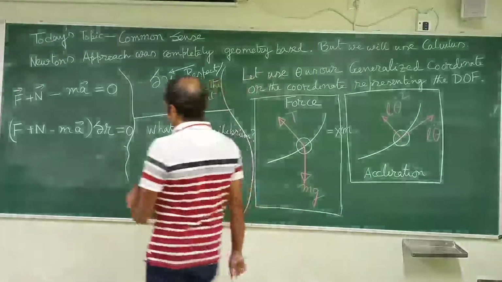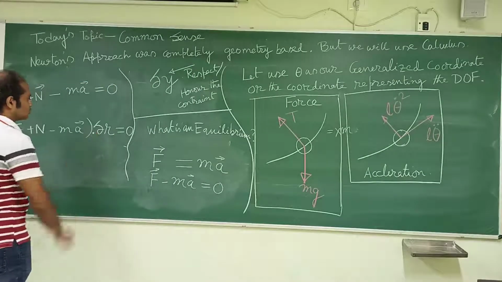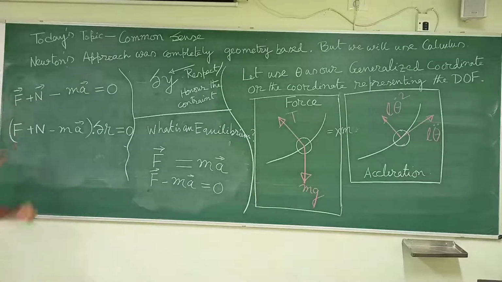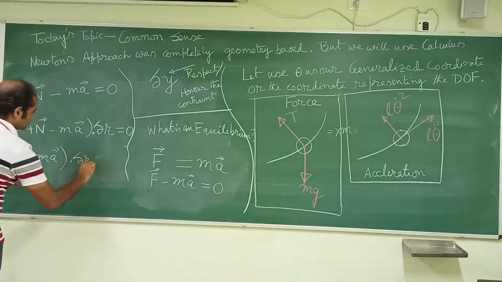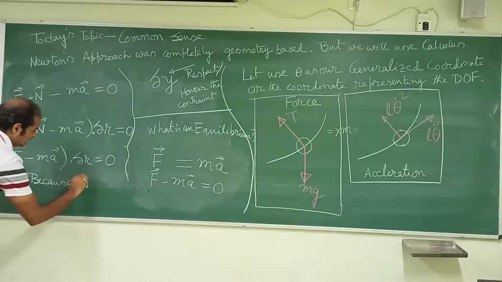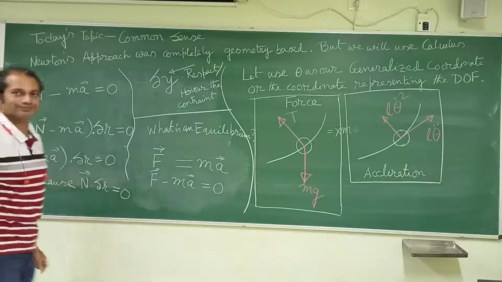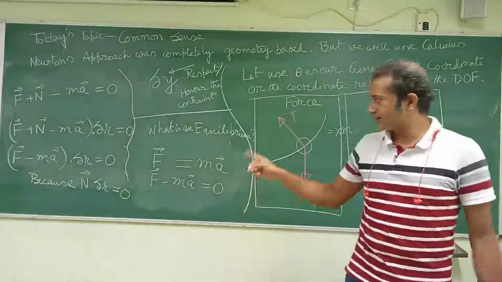Now if this is the equation of motion, or rather the work done equation, look carefully, the dot product is to be there. So if you do it, then you get F minus ma dot delta R is equal to 0, because N dot delta R is equal to 0. Why is it so?